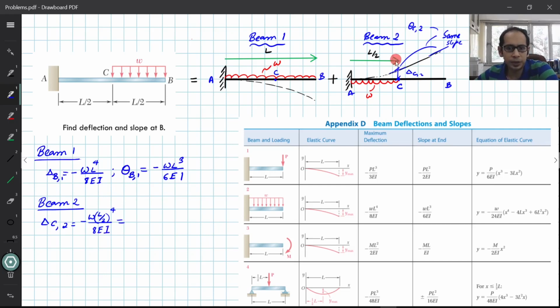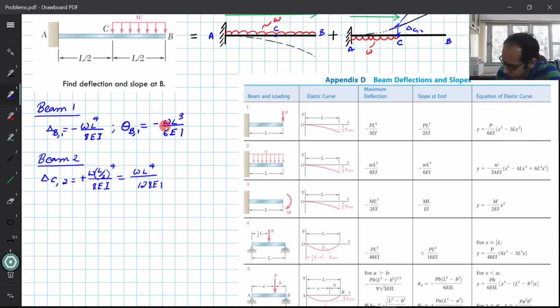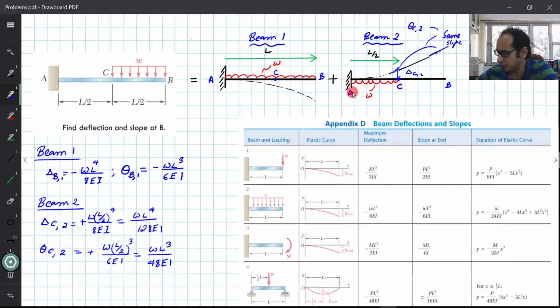Also remember, since here the load is acting vertically up, the deflection is up, so this is going to be positive over here.